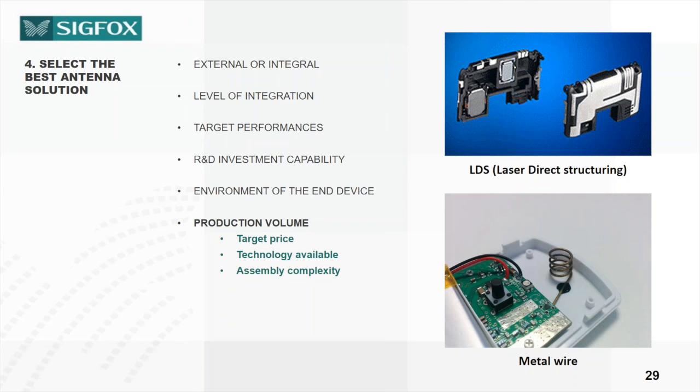You have a lot of freedom in your design. Whereas in the second one, it's much more limited in terms of design. So you won't be able to achieve the same performance with the second one as with the LDS solution. But to use the first solution, you really need to have a huge volume. Also, the target price is important to set as soon as possible, and the assembly complexity is also something to take into account.